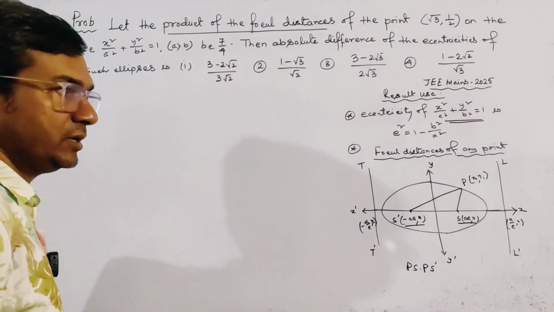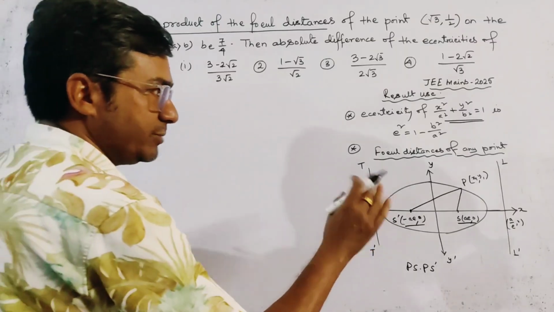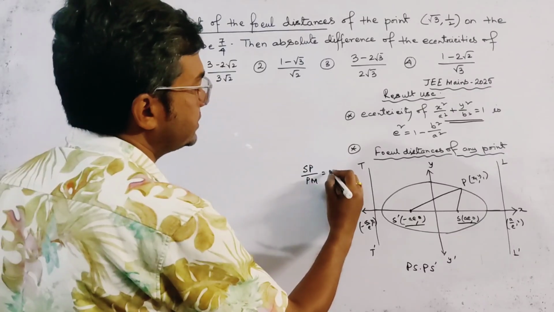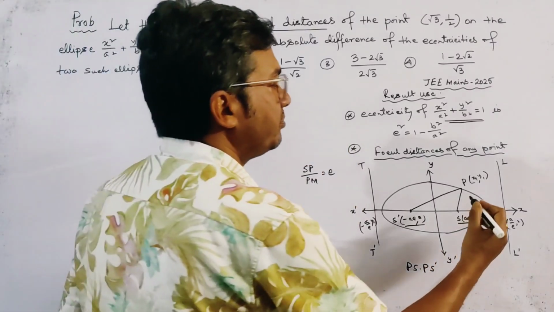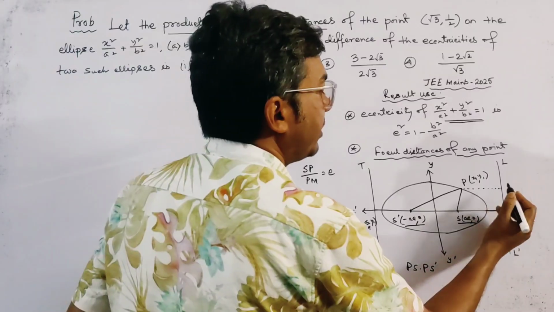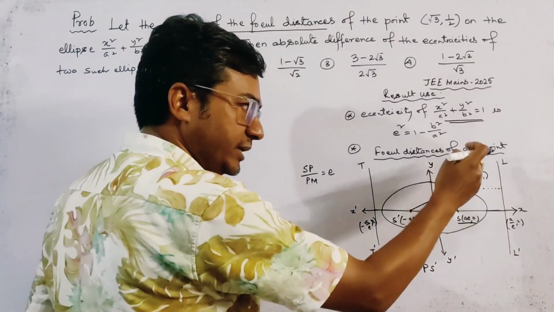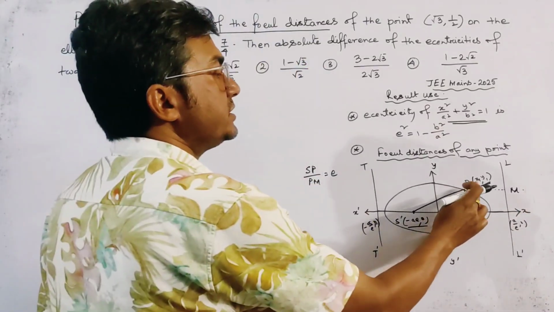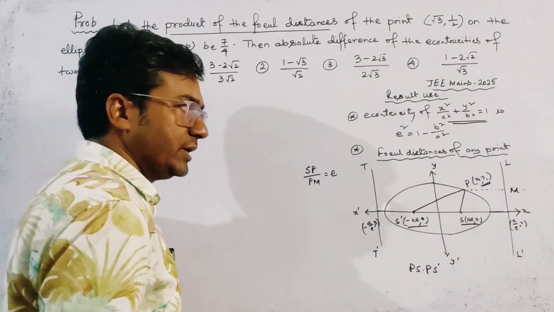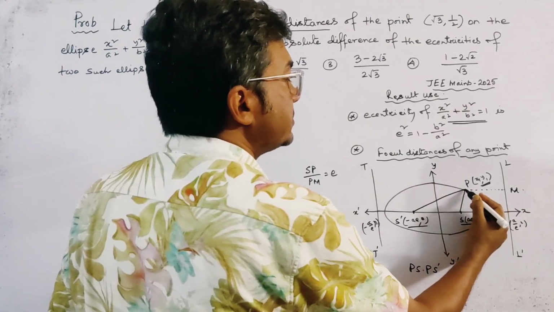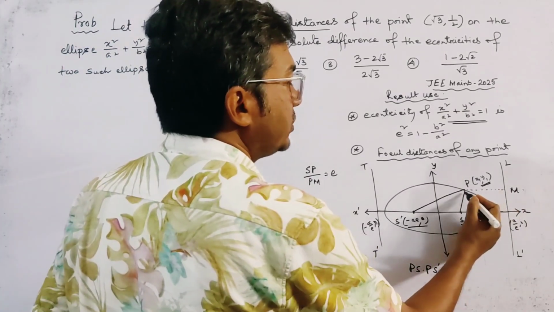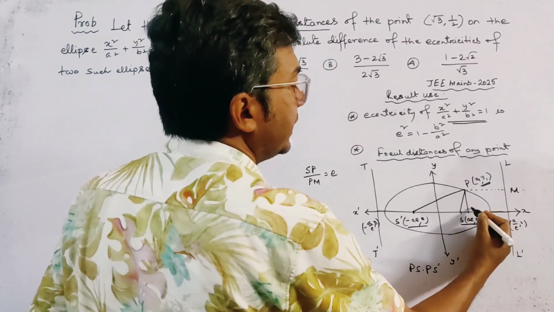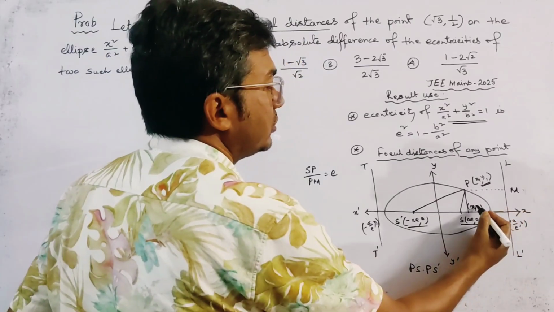Now the definition of ellipse is given by SP by PM equal to e. What is PM? PM is this: if we draw a perpendicular on the directrix L', this is M, and this is any point (x1, y1) on the ellipse, and since this is P, the coordinate is (x1, y1), so we get the foot of the perpendicular here, given by (a/e, y1).